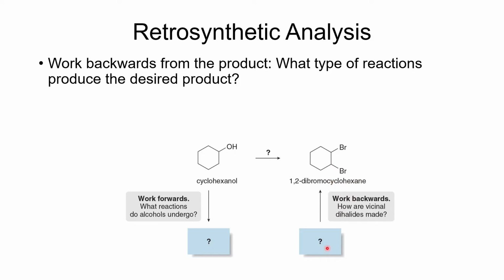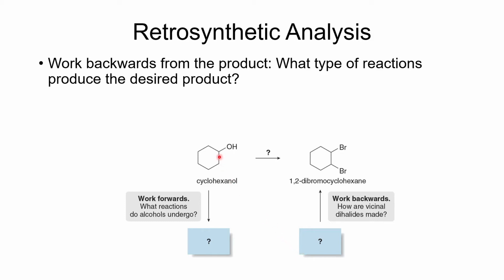Well, there was a reaction in this very chapter where we took a type of compound, think of the title of this chapter, and produced a vicinal dihalide. Also, what kinds of reactions do I know that could go forward to give me this or a precursor to it?